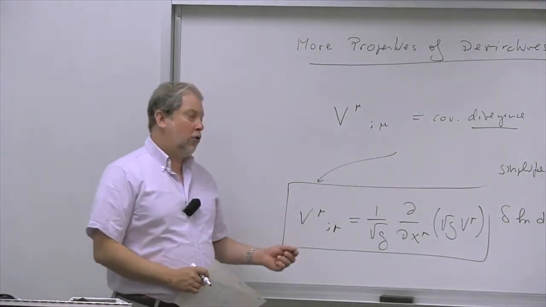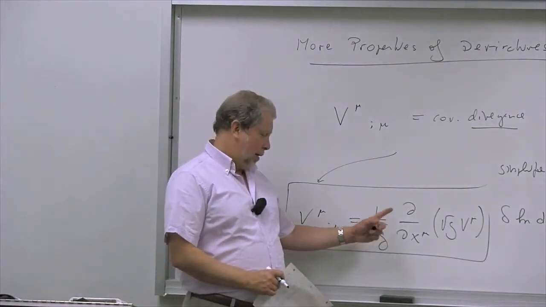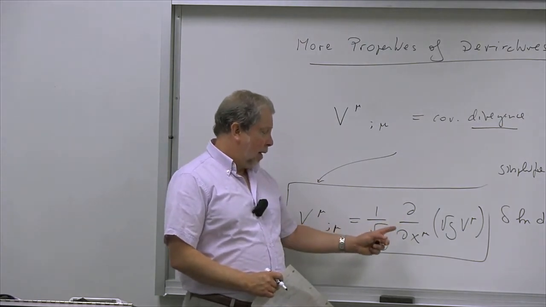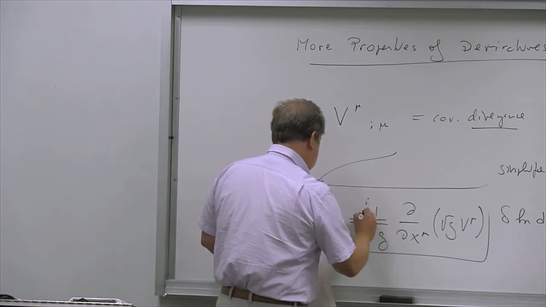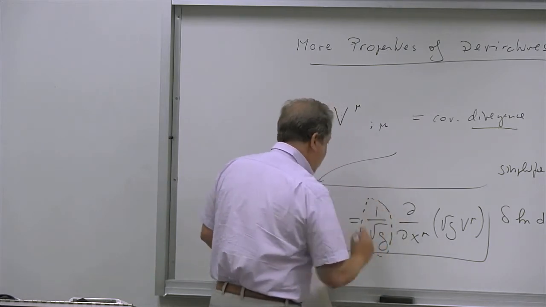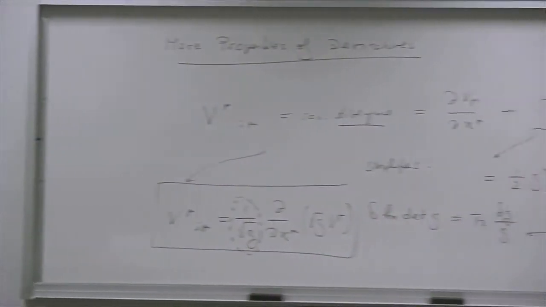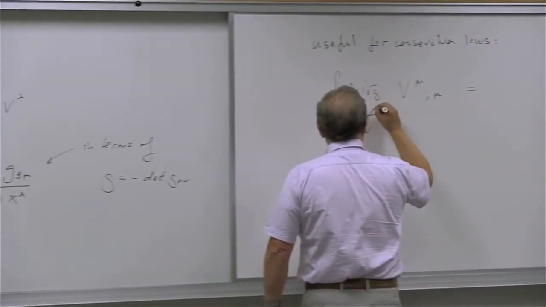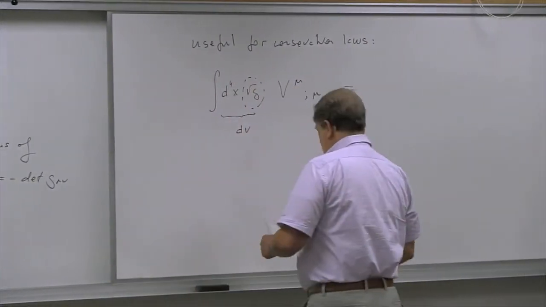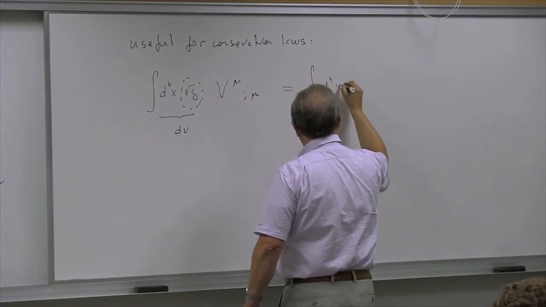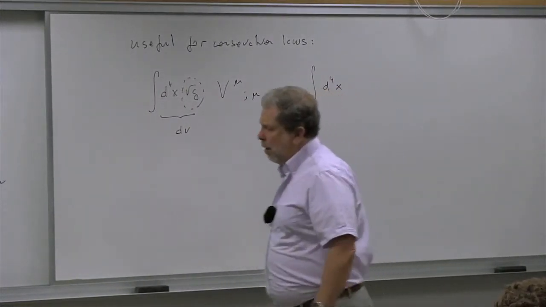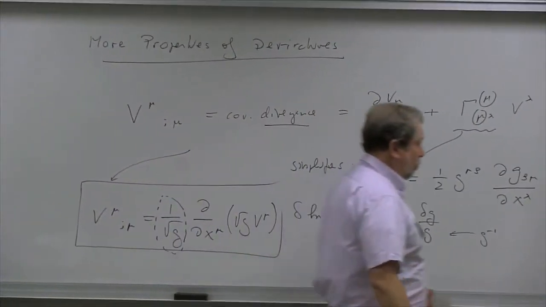You would have trouble in writing it as something that depends on the fields at infinity. But that is not the case here, because this root g is kind enough to actually cancel out this term here, and so this can be written as just the integral in d4x, where the only remnant is d by dx mu of root g v mu.